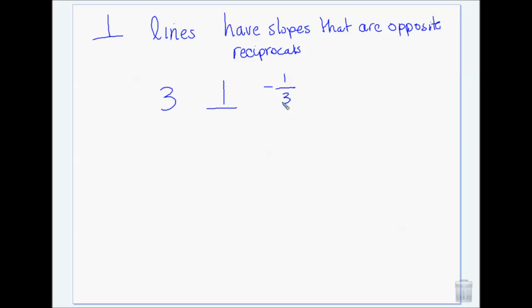So we have to flip it over and negate it, or take the opposite of it. If I have a slope that's already negative, the perpendicular slope of that is going to be positive and flipped over. So perpendicular slopes are negative or opposite reciprocals. So flip it and change the sign.